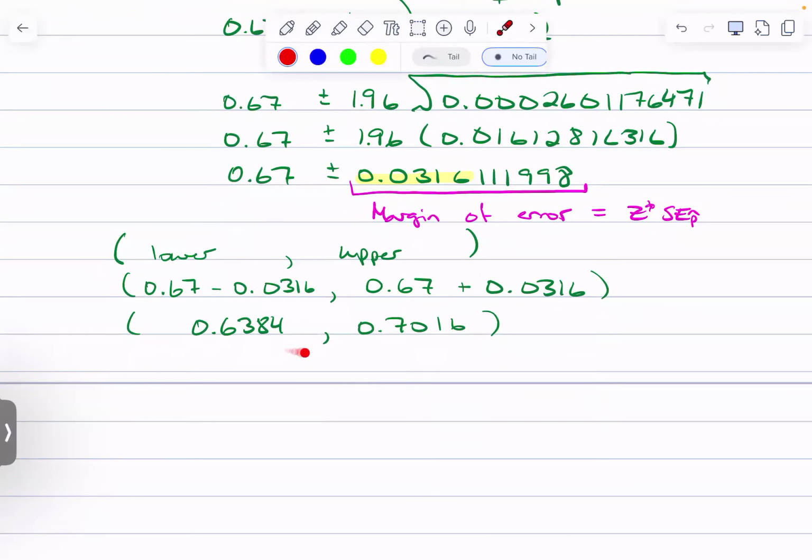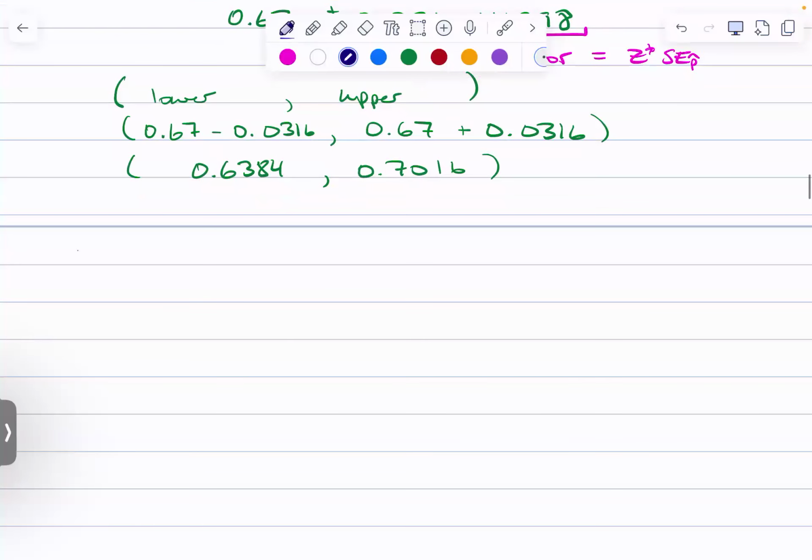Once we've calculated the confidence interval, we always have to interpret the confidence interval.